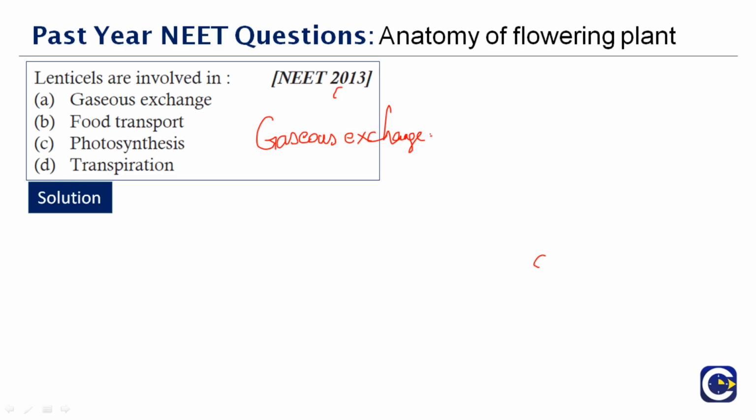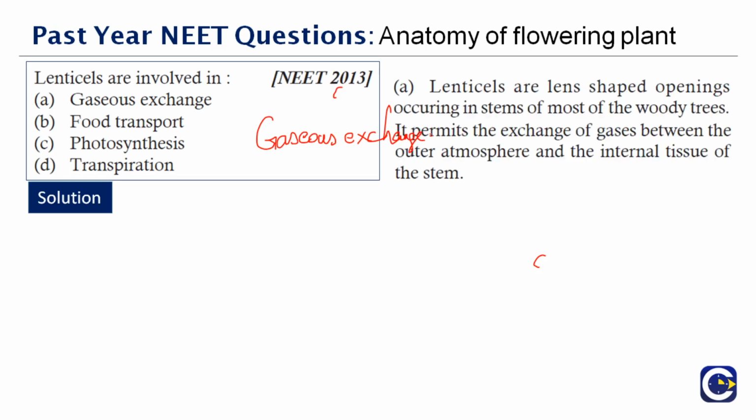Where are lenticels found? They are found in the spongy area present in the woody surface of the stem. They appear as lens-shaped spots and act as pores. They allow for the exchange of gases between the internal tissues and the atmosphere. So now that I've given the answer, the correct answer is option A, gaseous exchange.